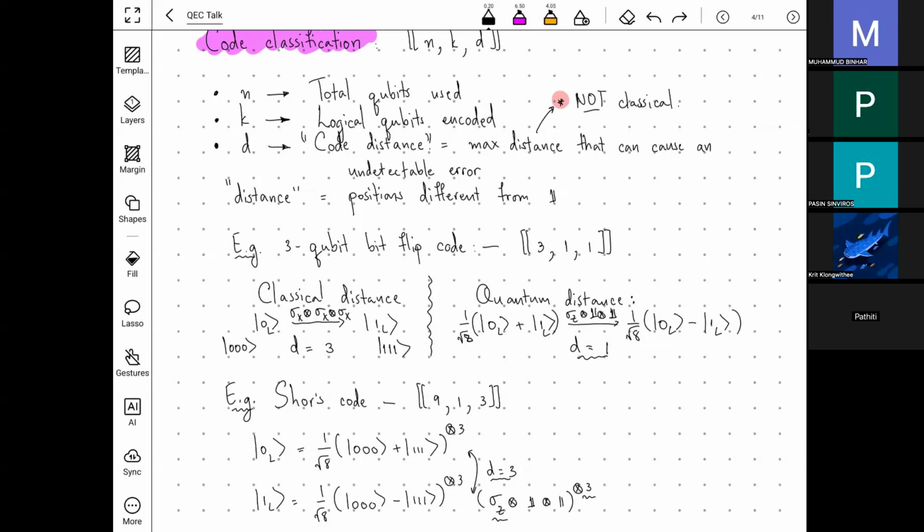But now it has become the maximum distance that can cause an undetectable error between states. And I believe this definition came from the fact that some codes, like the 3-qubit code, cannot correct an arbitrary type of errors.